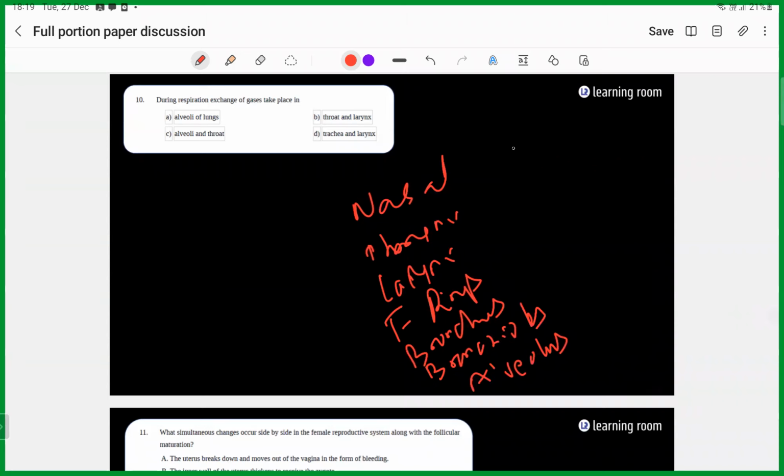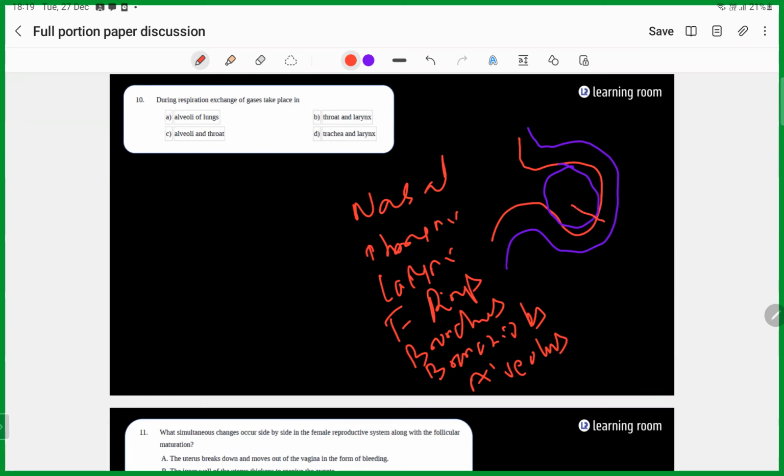If you look into the structure of the alveolus, it is surrounded by blood capillaries. So what are the factors which support exchange of gases?